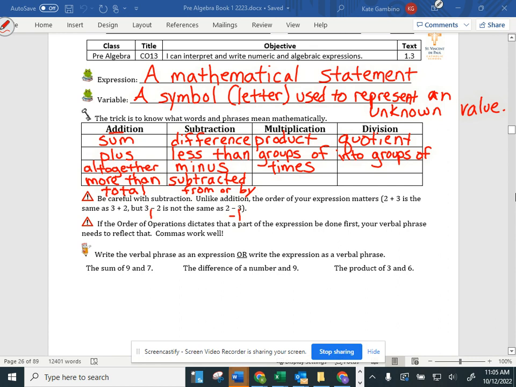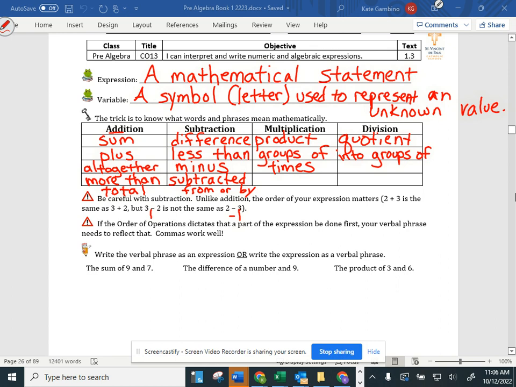So you have to pay attention to the wording as to what's going to be your first number. If the order of operations dictates that a part of the expression be done first, your verbal phrase needs to reflect that. Commas work well. So we're going to see how putting that comma in makes a difference.